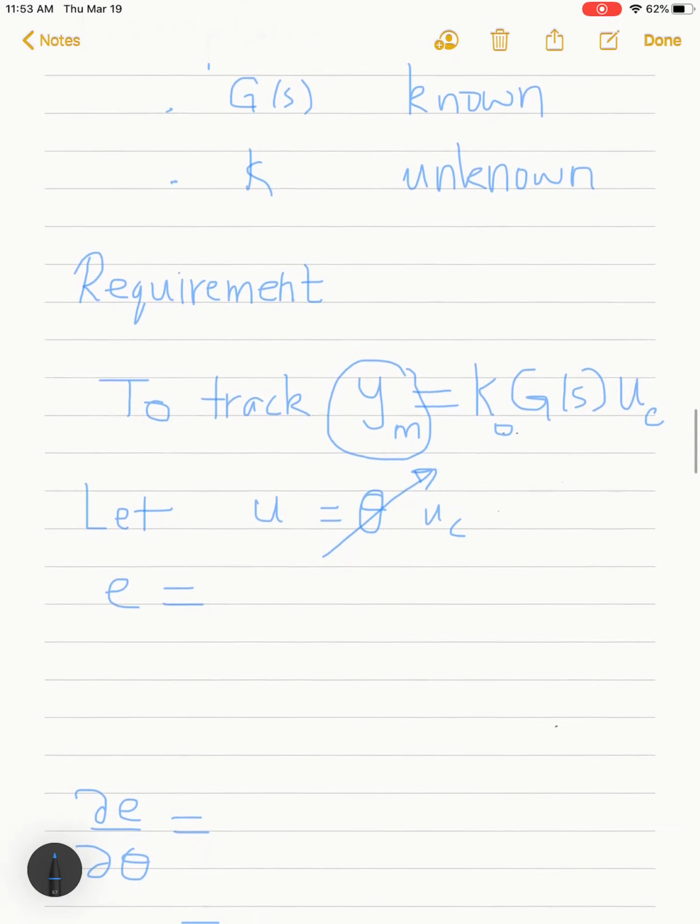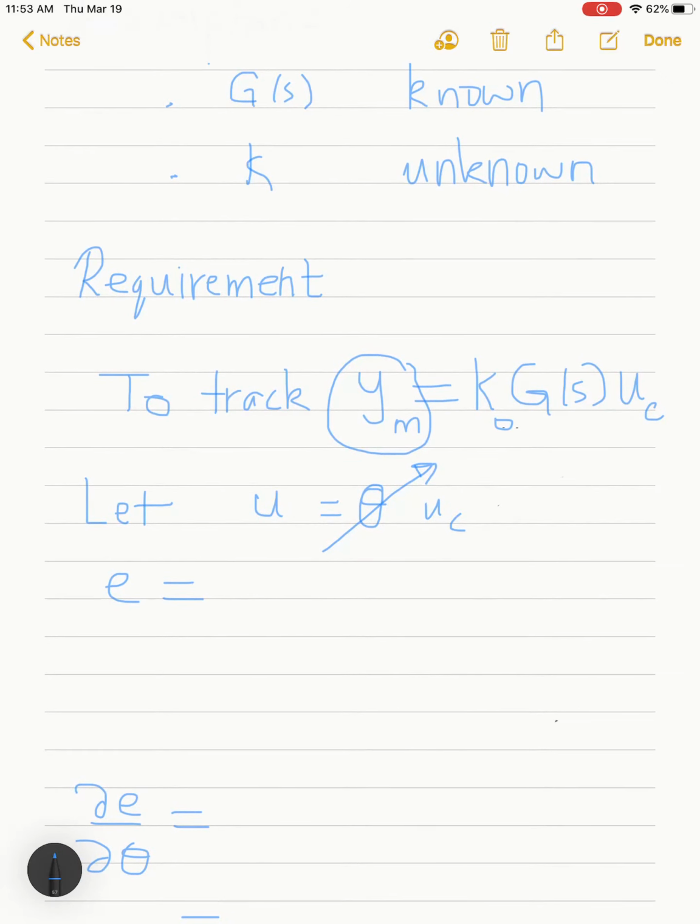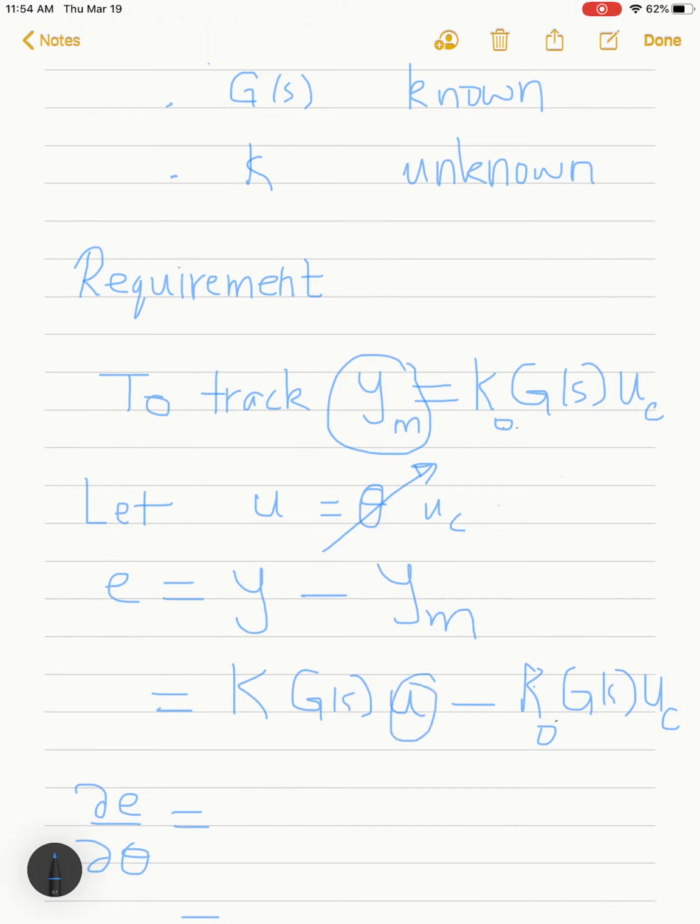So in order to proceed, I'm going to define the error as the difference between the output of the system and the output of the reference model. So if I substitute here for y, it would be k times g of s times u minus k node times g of s times the set point. Now in order to calculate the partial derivative of e with respect to theta, I have to substitute for u here by its expression, which is theta times uc.